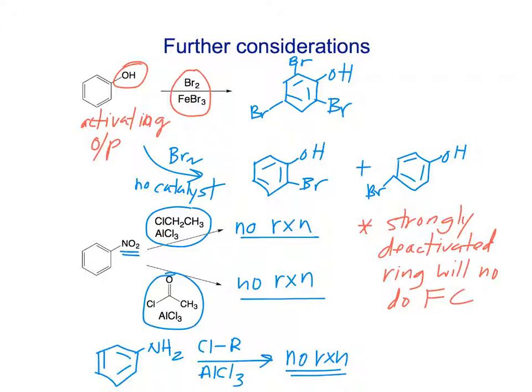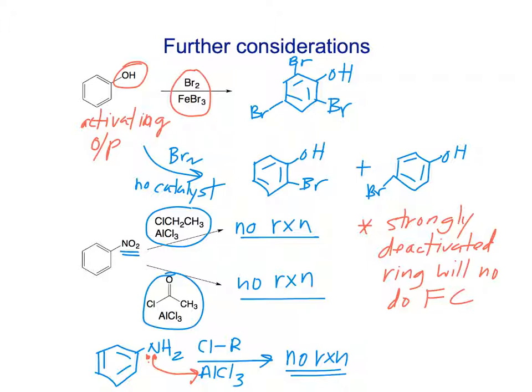Okay, so what happens in this case is that the non-bonding electrons on the amine actually do a Lewis acid, Lewis base reaction with the catalyst. So these react with the aluminum, and they react more easily with aluminum than the alkyl chloride.